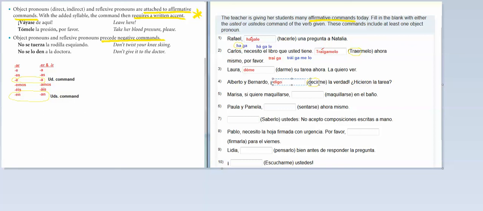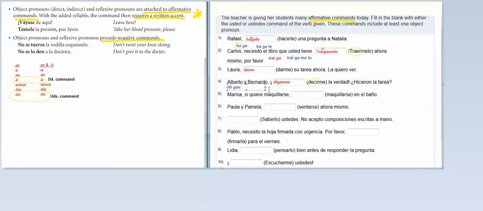So this is an IR verb. I go to the IR endings. I'm going to add an AN, and then I'm going to put my me on here. And again, for the accent piece, it was diga, and naturally the accent was falling on the I, the second to last syllable. But when I add on the me part, actually let me go back, digan.